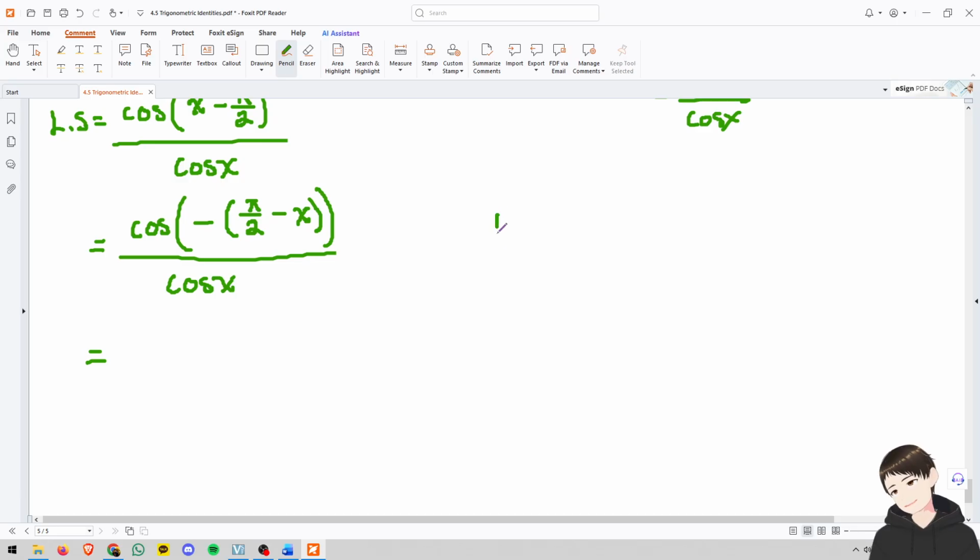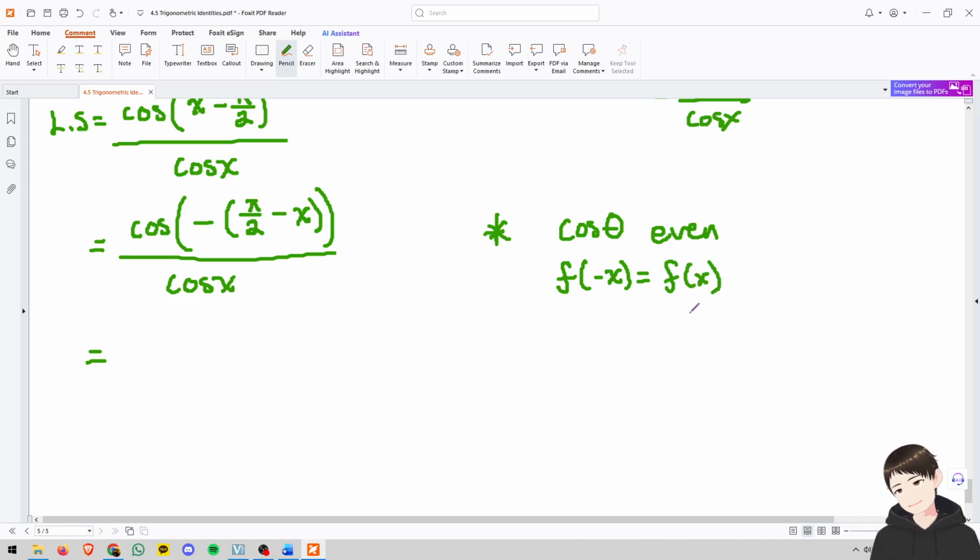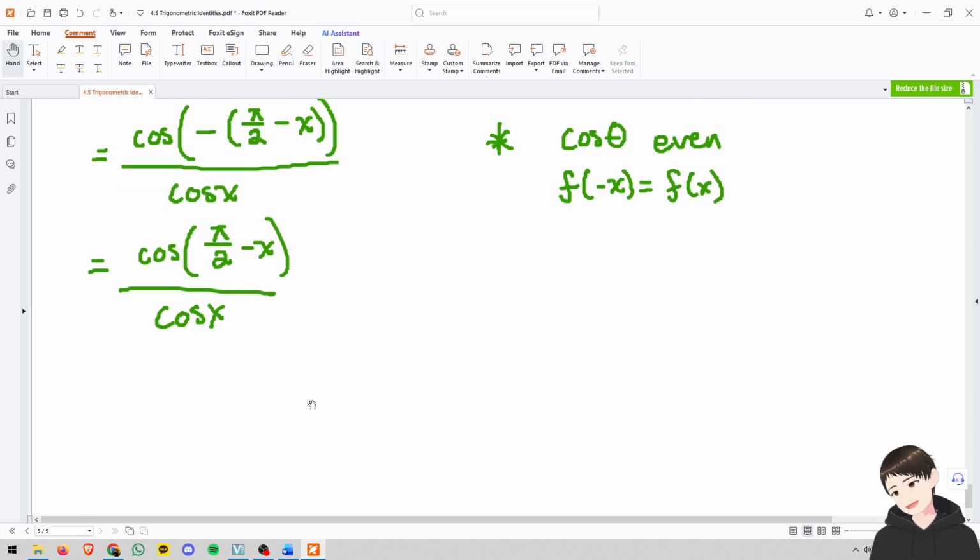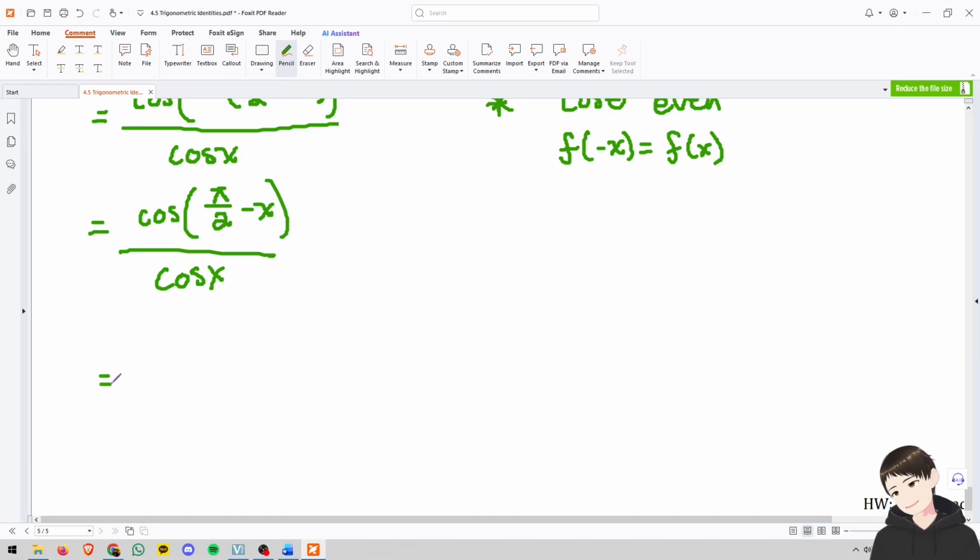But I'm also going to use the identity that because the cosine function is even, if I have a negative inside the function, it is the same as the positive version. So this is actually the same as that. And using my correlated ratios, that is the same as sine x, which is equal to tangent.